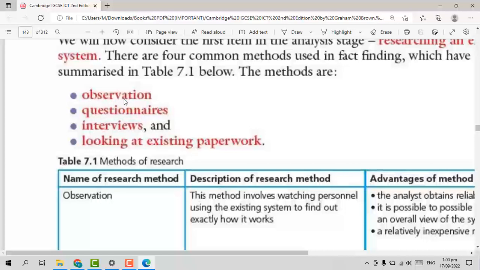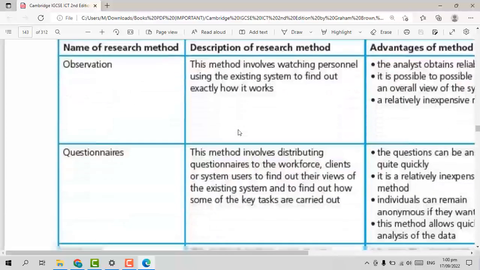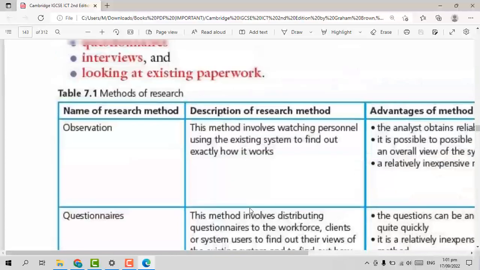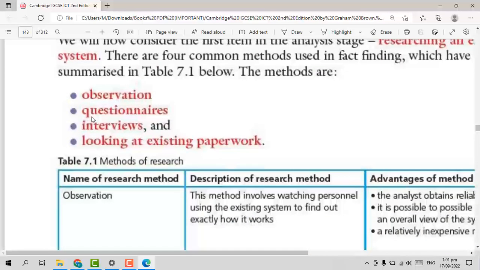The next method is questionnaires. This method involves distributing questionnaires to the workforce, clients, or system users to find out their views of the existing system and how some of the key tasks are carried out. Questionnaires are mostly used in restaurants and hotels.